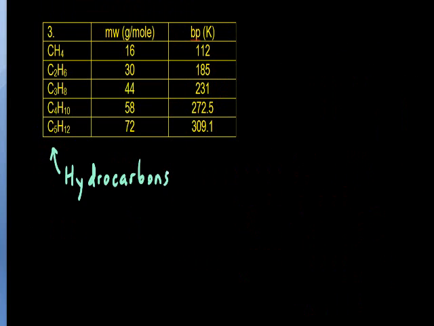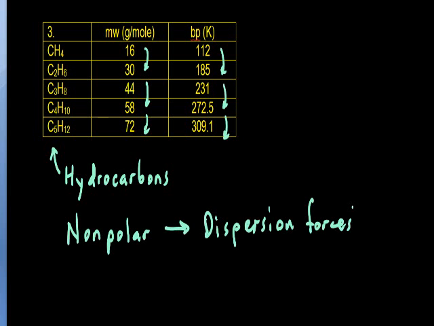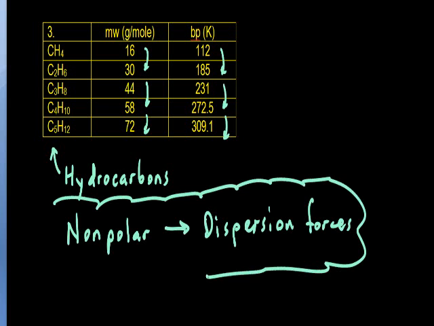We see a similar periodic trend looking at a group of hydrocarbons. These are all straight chain hydrocarbons, and we notice that as the mass or size of the molecule increases, we see a corresponding increase again in the boiling point of this particular material. Now, all hydrocarbons are considered nonpolar molecules, so once again, the only attractive force existing between molecules is dispersion forces.